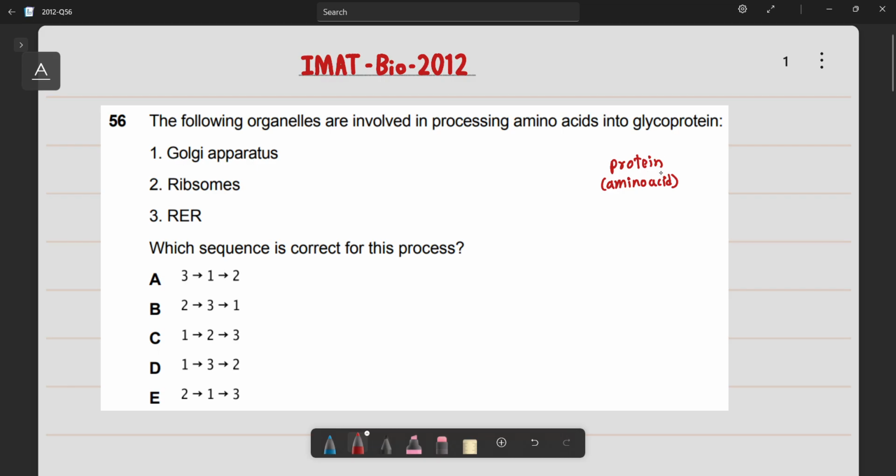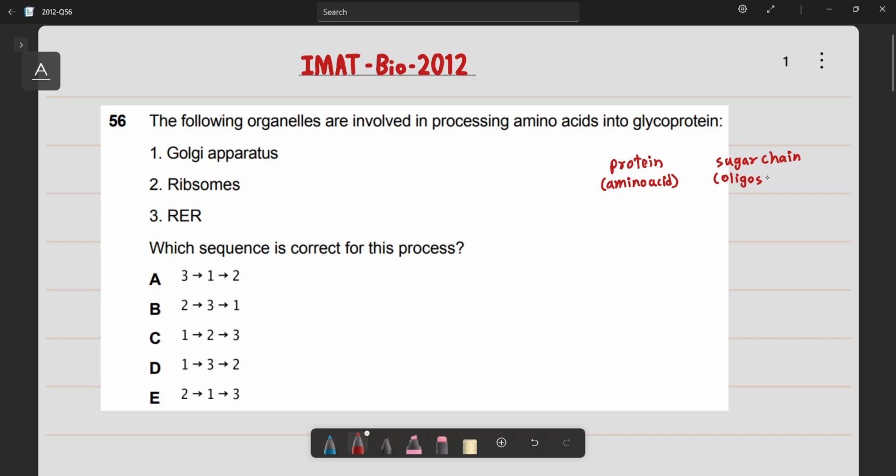And aside from that, it is attached with a chain that is a sugar chain. That's basically like an oligosaccharide, made of glucose monomers.